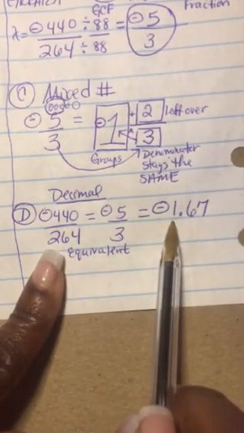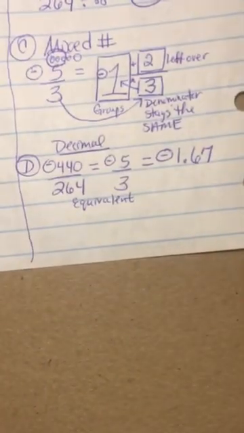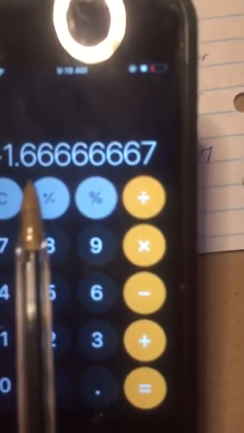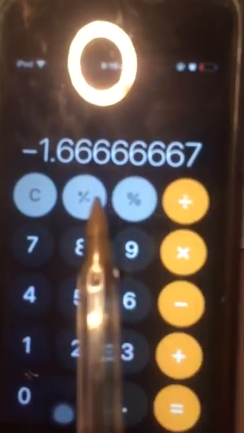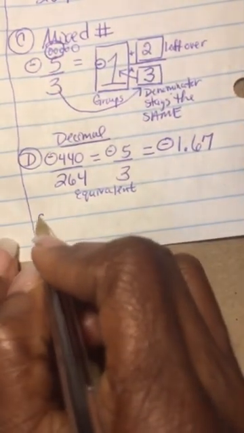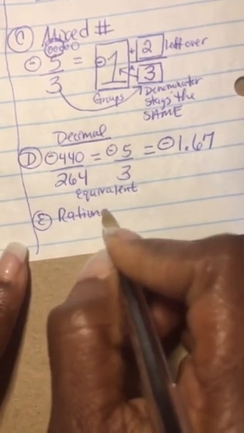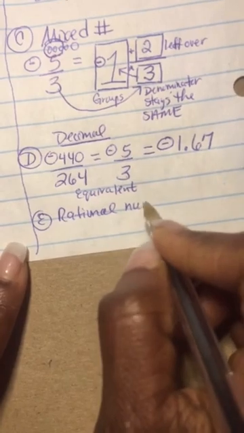You're still going to get a decimal of negative 1.67. And by the way, this number is called a rational number because it repeats. Your decimal repeats. So E, this is your answer is a rational number.